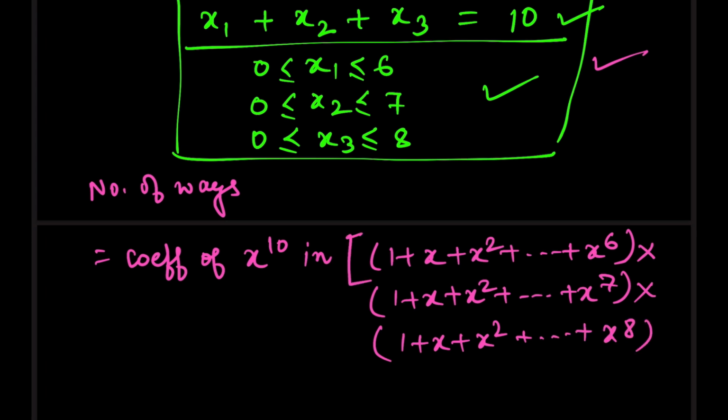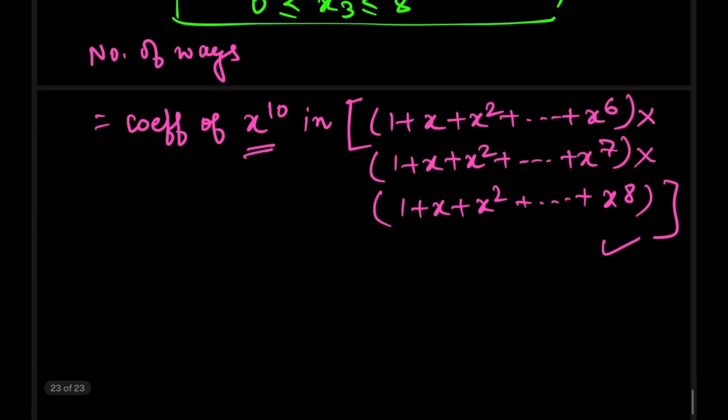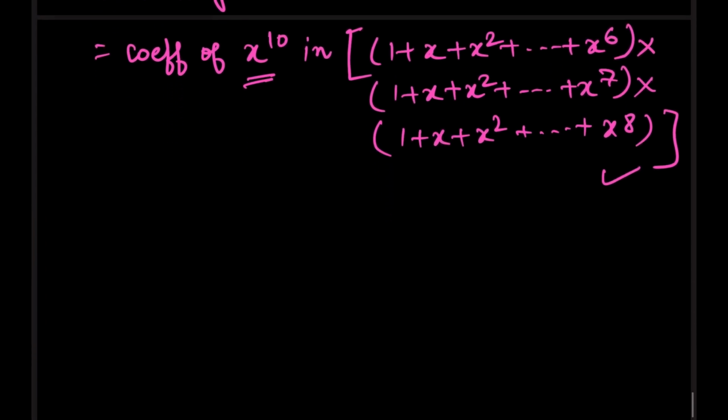If you find the coefficient of x to the power 10 in this product, you will get your desired answer. Now our challenge is to find x to the power 10.